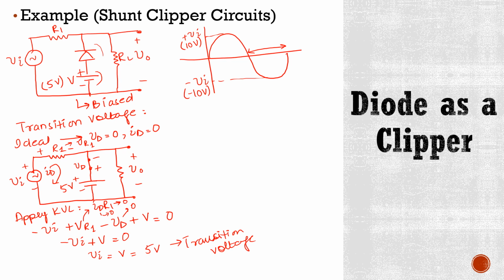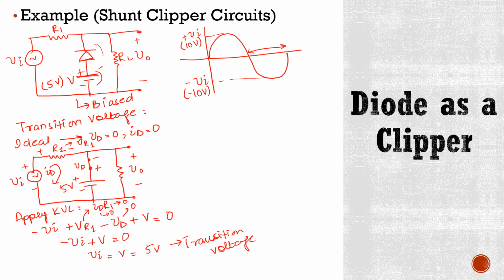Now if you look at this circuit, we know that this diode will conduct during the negative half cycle of the input signal, but since the anode is connected to the positive terminal of the battery, this battery will make the diode forward biased.